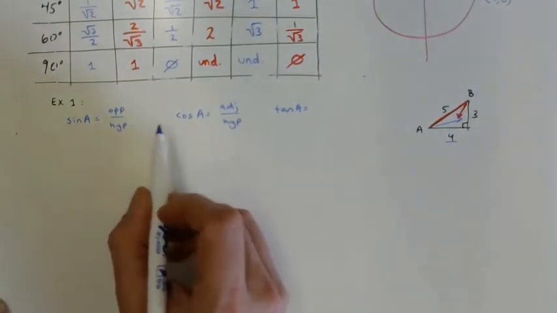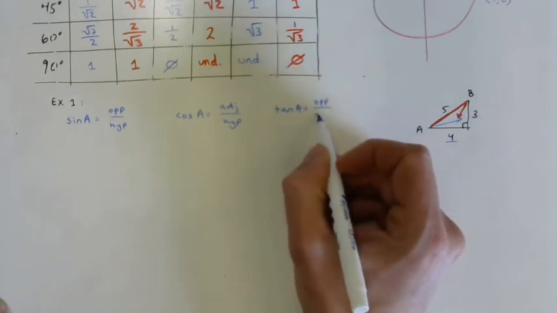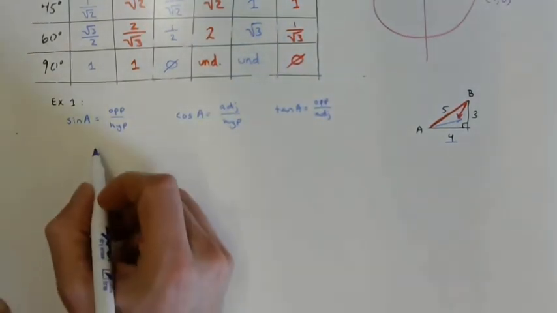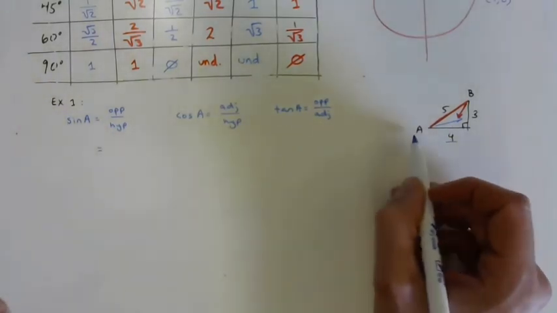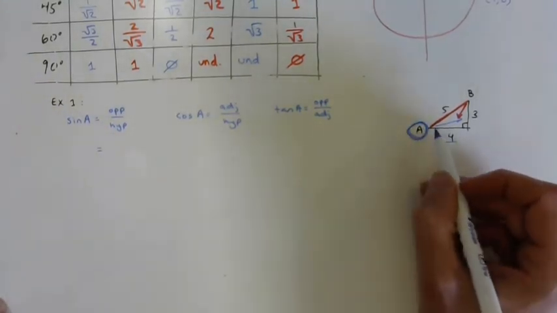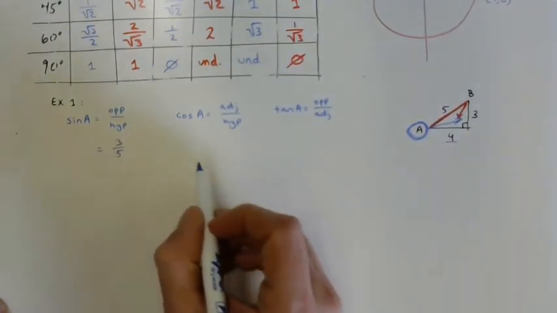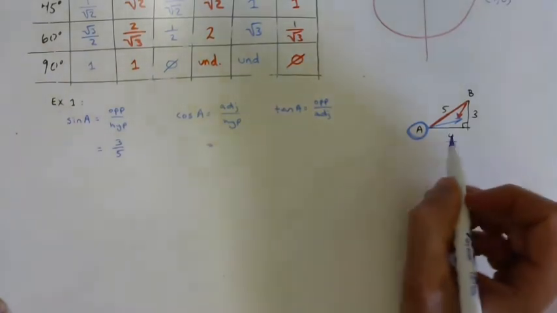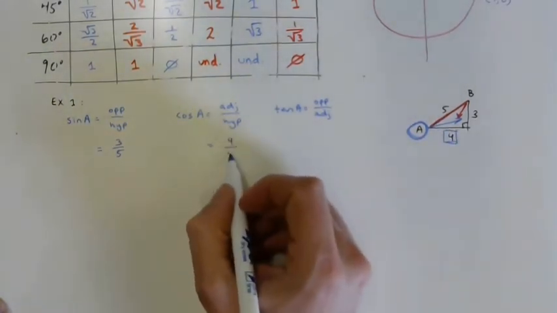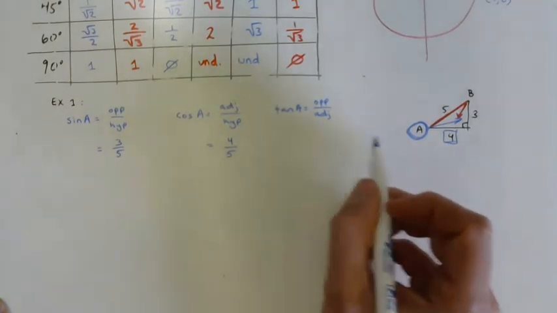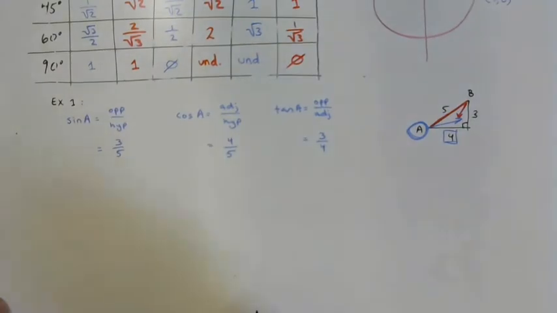I can think of it as sine over cosine, or I can think of it as opposite over adjacent. And now I just fill in what I know. I know that the sine of A is from A's perspective, opposite over hypotenuse, 3 over 5. Cosine of A is adjacent over hypotenuse, that's 4 over 5. Tangent of A is opposite over adjacent, that's 3 over 4. Primary trig ratio is done.